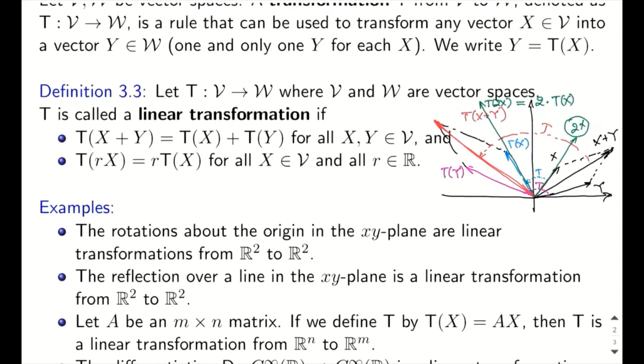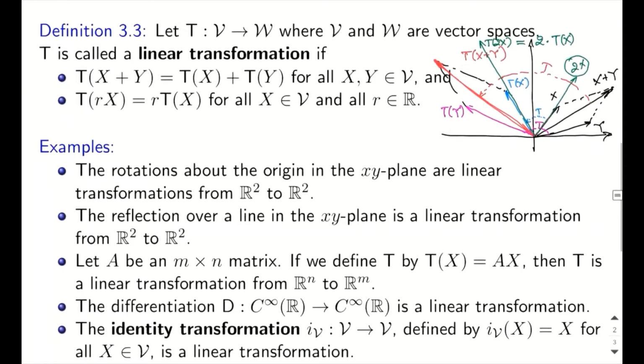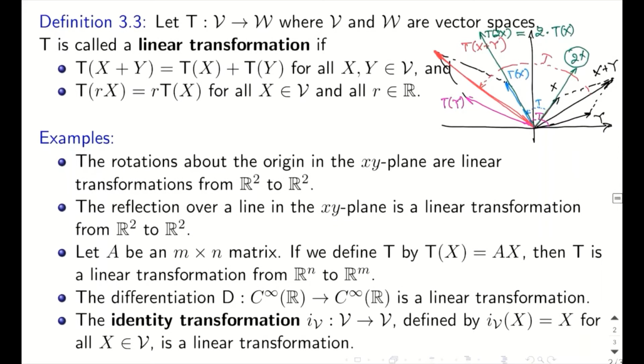So next, we are going to consider several examples, and we will explain briefly why they should be linear transformations. First example, the rotation about the origin in the two-dimensional space, the xy plane, is a linear transformation from R2 to R2. Why? Because you know that the rotation preserves the distance and the angle.